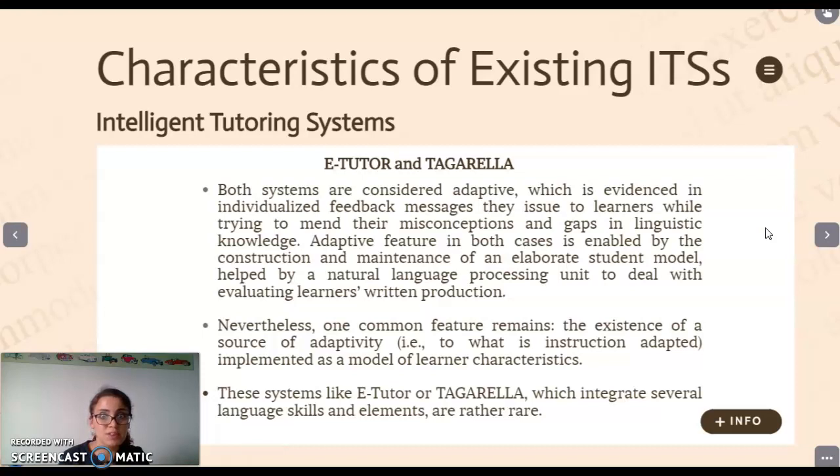The adaptive feature in both cases is enabled by the construction and maintenance of an elaborate student model, helped by a natural language processing unit to deal with evaluating learners' written production. Systems like eTutor or Tagarela, which really integrate several language skills and elements, are rather rare.